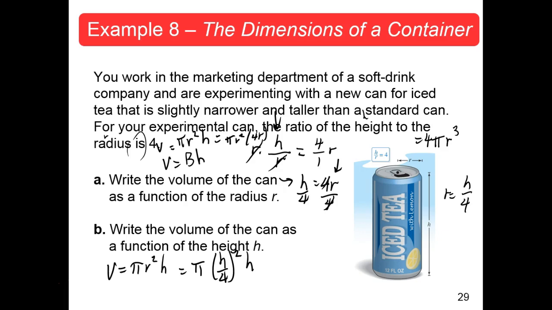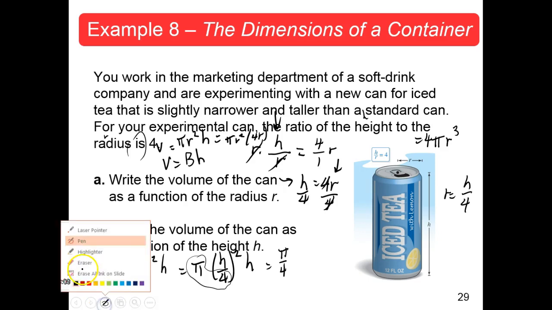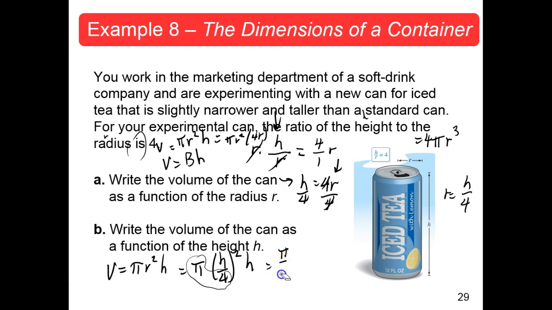Okay, so what's our next step? Let's bring all the constants out together. Pi over 4, and then times. Oh, not that pi over 4, is it? What did I forget to do?